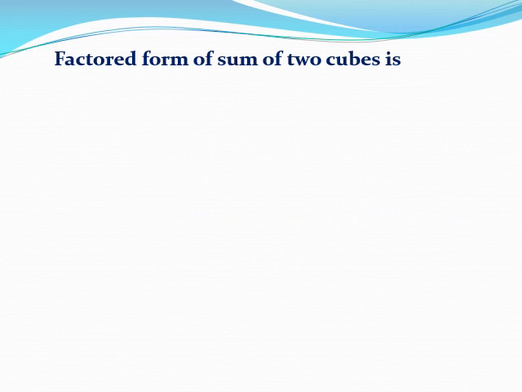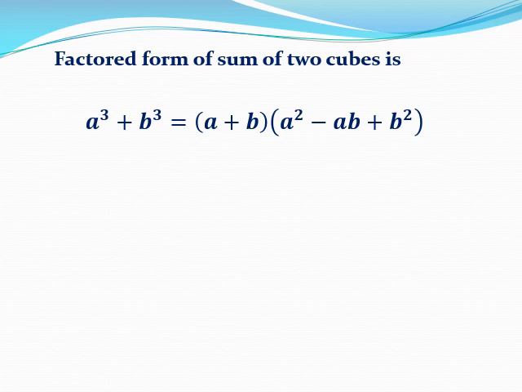Next, the factored form of the sum of two cubes is a cube plus b cube equal to a plus b times a square minus ab plus b square. This is the factored pattern of a cube plus b cube. But keep in mind, if here is a plus sign, then in the first factor here is also a plus sign. These both signs are always the same.